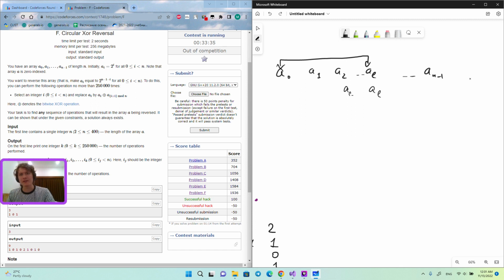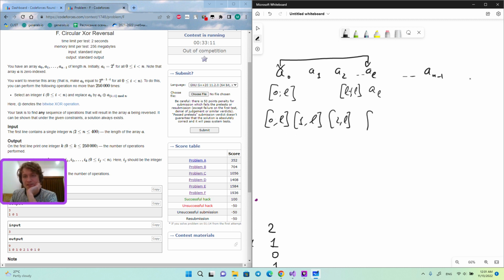Okay, let's make something for the sum. This is like L minus 1 to L. And this is 0 to L. And this is, okay, this is 0 to L. This is 1 to L. This is 2 to L. This is L to L. And this is L plus 1, L plus 2, etc., N minus 1.